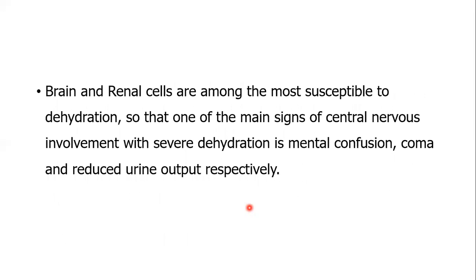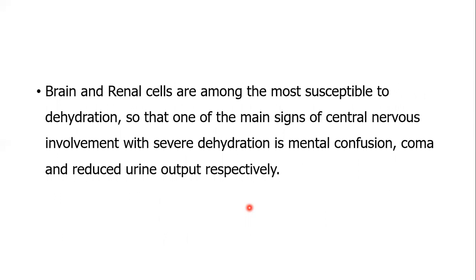And then the main organs that are affected by dehydration are the brain and the kidneys. Brain and renal cells are among the most susceptible to dehydration. For urine to be produced, the main component is water. So the kidneys will no longer produce a large amount of urine, because the body literally doesn't have enough water.